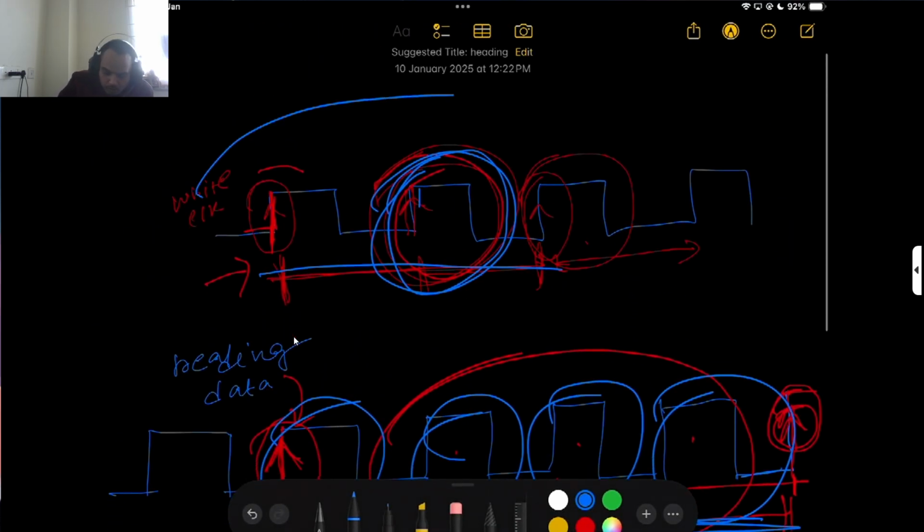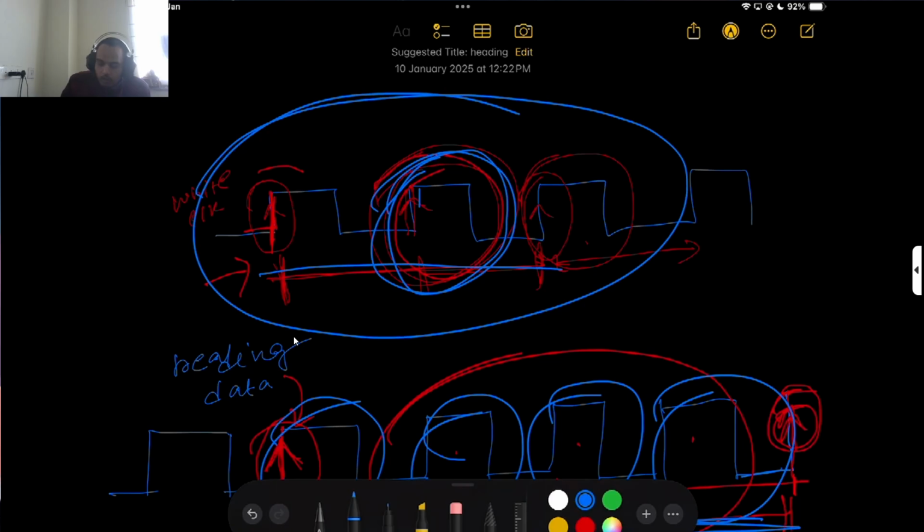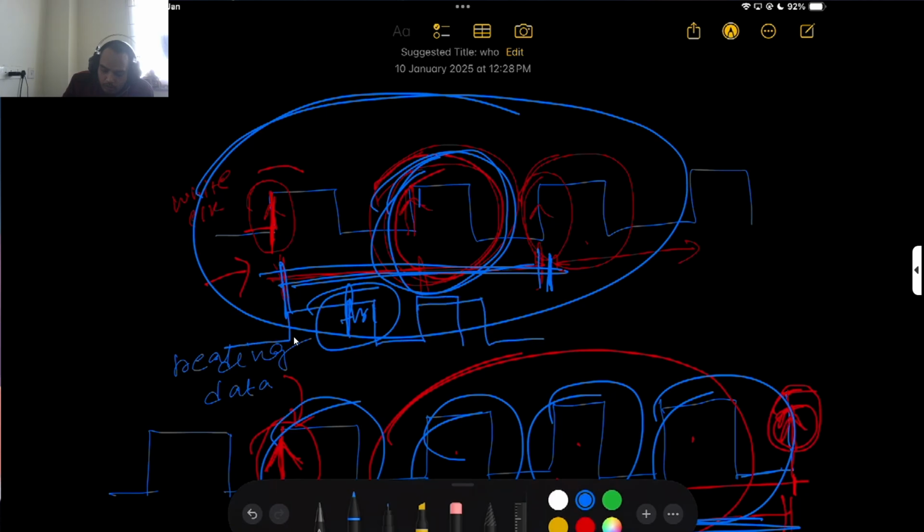So this concept, okay, so here from here to here, only one data will be written. So module A only writes one data. If I want to read the data, here is the same clock, like this, like this.